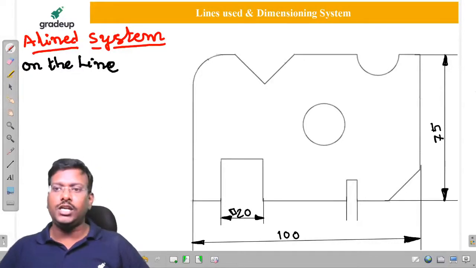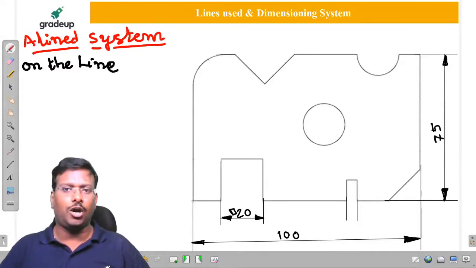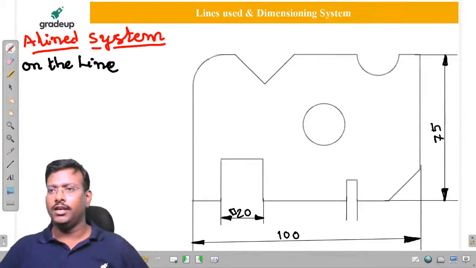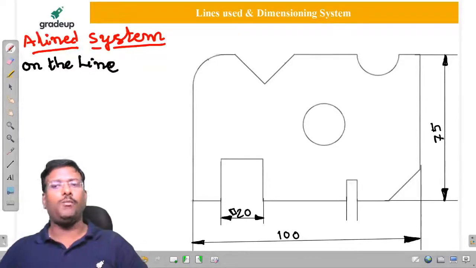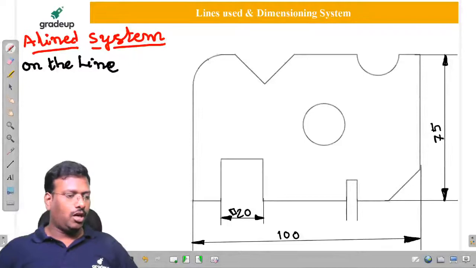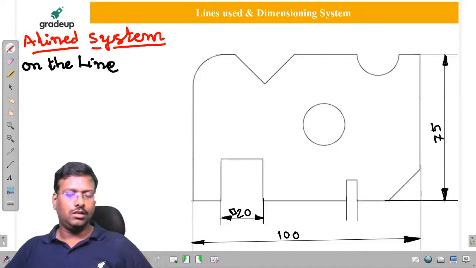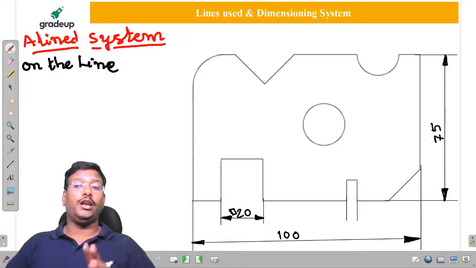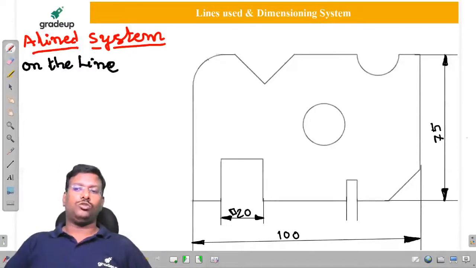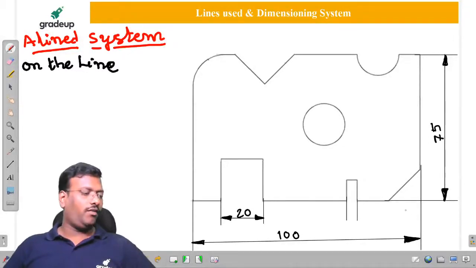Yeah, it is outside the drawing, because whatever the module I consider, this is the drawing. These are the extension lines we already brought outside. So outside the drawing, not the dimension line. So if I view from here, it is on the line. Is it clear to all of you, my dear friends?